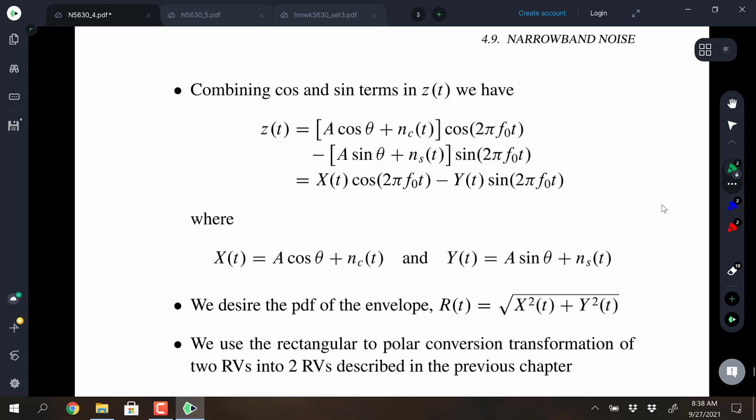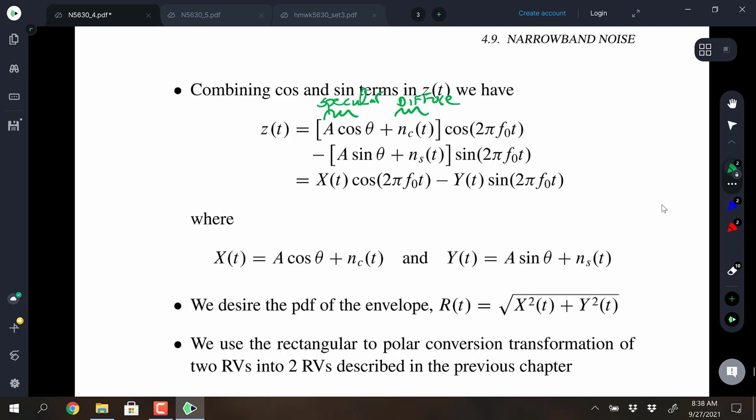Then bring those together into an envelope and a phase that comes out of this. So now we have a specular and a diffuse component in each one. The diffuse component is modeled simply as Gaussian noise because there's so many components that are arriving due to reflections off of objects and things. And then same for the quadrature side.